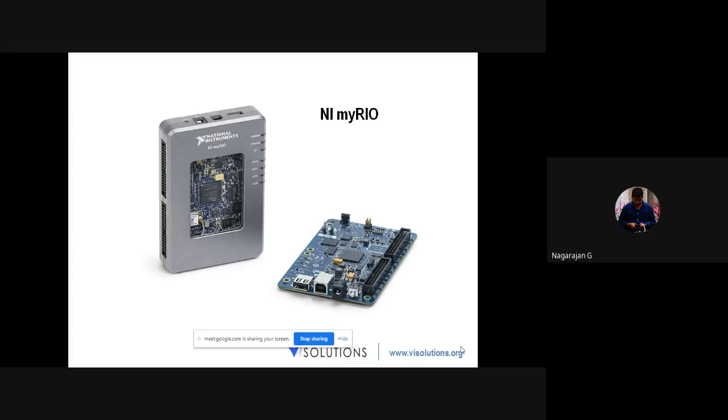When you have a larger number of IOs and want to perform any task at very high speed, then you can go for those two hardwares. So this myRIO hardware is like a miniature version of those CompactRIOs and PXI, where it has fewer IOs and the clock will vary. This also has an inbuilt FPGA, and then it has a processor.